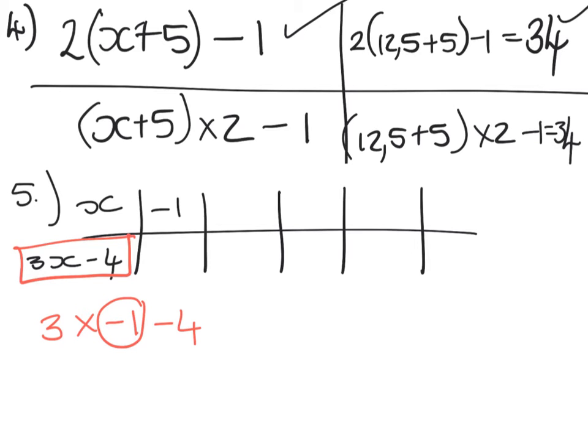So 3 times negative 1 is negative 3. And then I must still subtract 4 from it. So now, except for the fact that I owe you 3 rand, I'm also losing 4 more rand. Think of a bank account in the negative. Which means how much do I owe now? 7. I owe 7 rand. So you add those two together to get a minus 7.